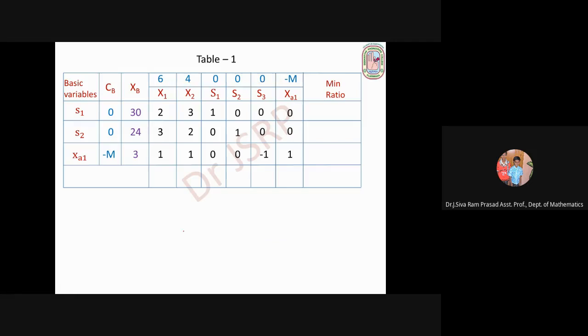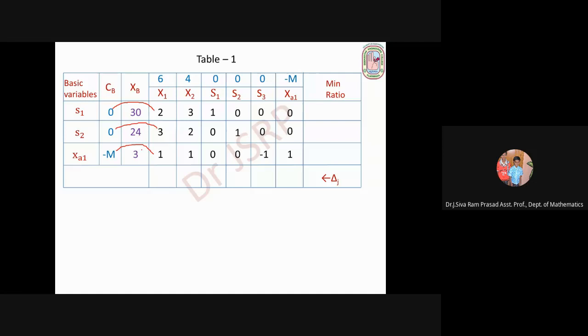Okay, right. So here we calculate scalars, that is delta j values. What is delta 1? Delta 1 is CBX1. So this column into this column. That is 0 into 2 plus 0 into 3 plus minus M into 1.